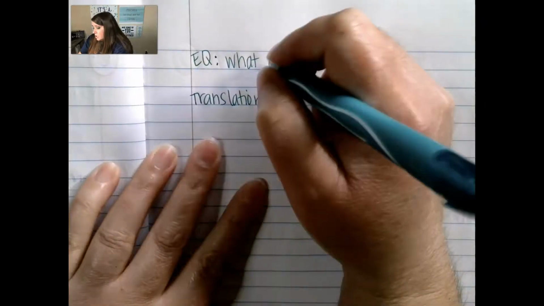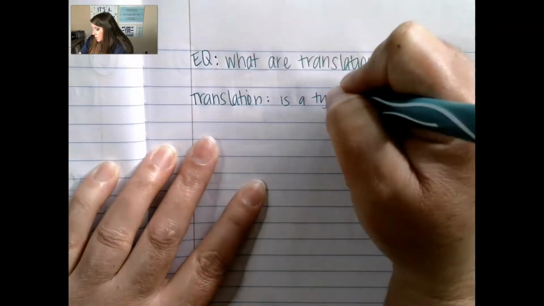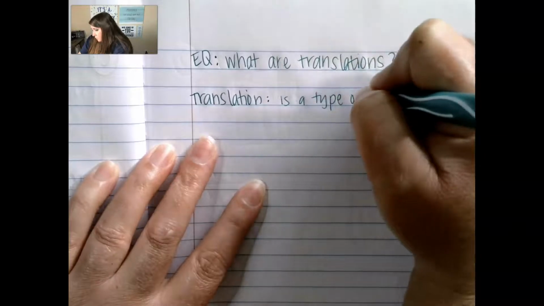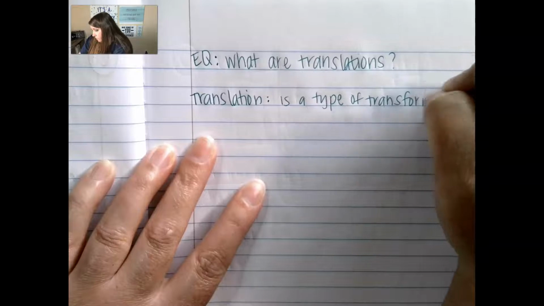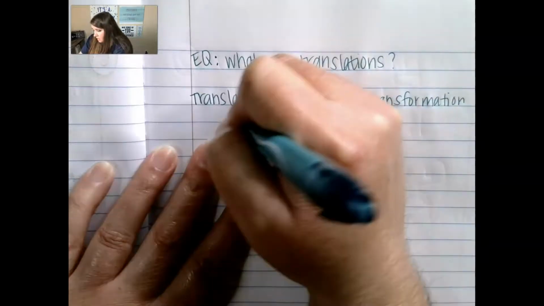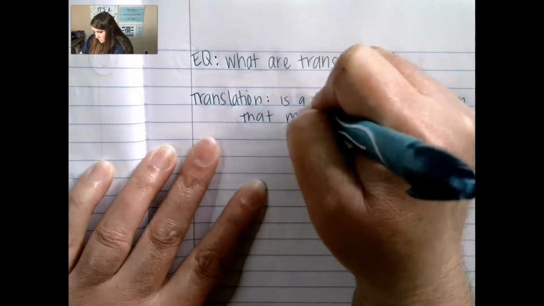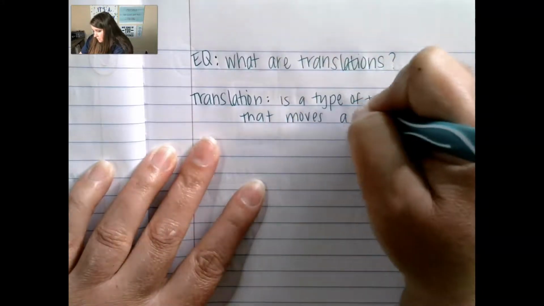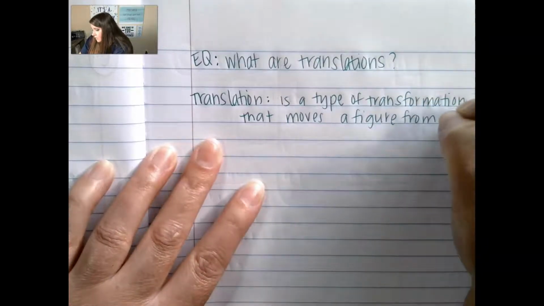So a translation is a type of transformation that moves a figure from one place to another.